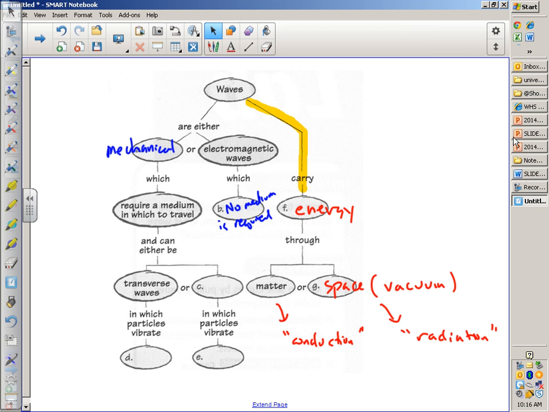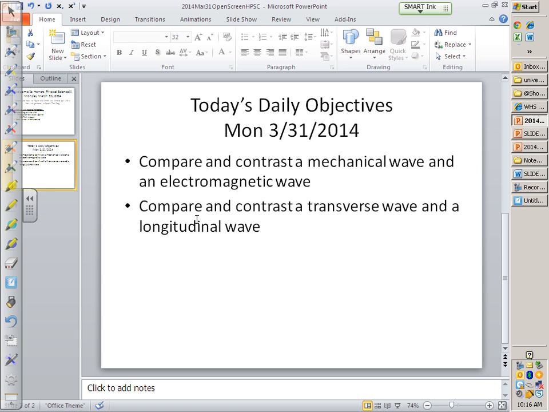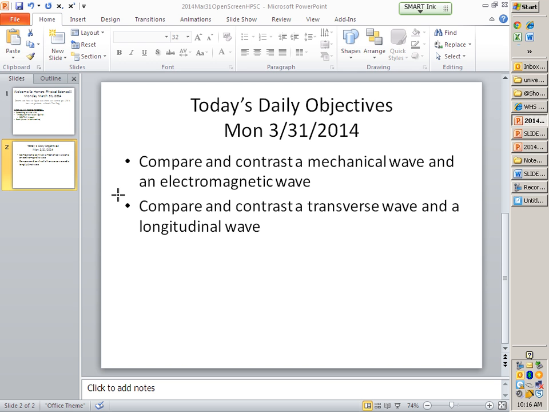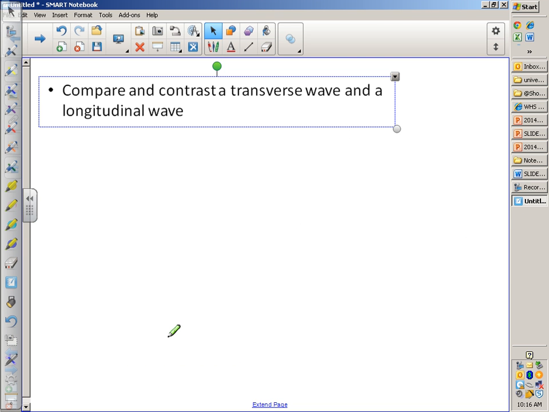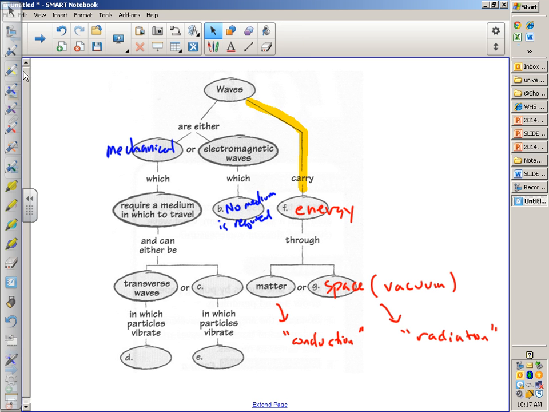Now, your second objective for today was to compare and contrast a transverse wave and a longitudinal wave. So, what's the comparison? How do they compare to each other? Let's start with that. Well, on the flow chart, what are they both underneath? Transverse and longitudinal, right?